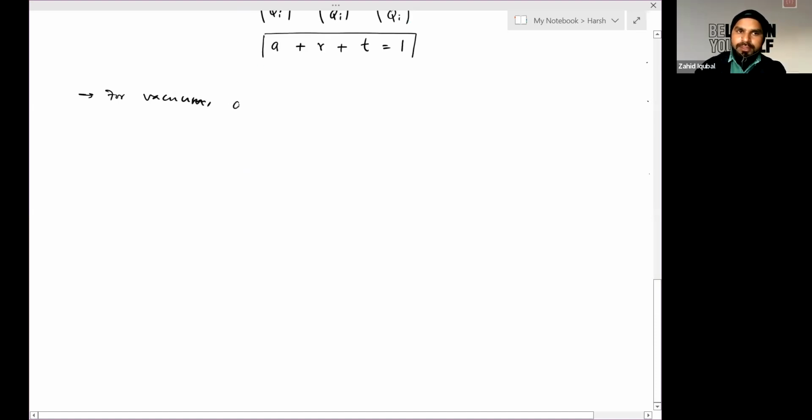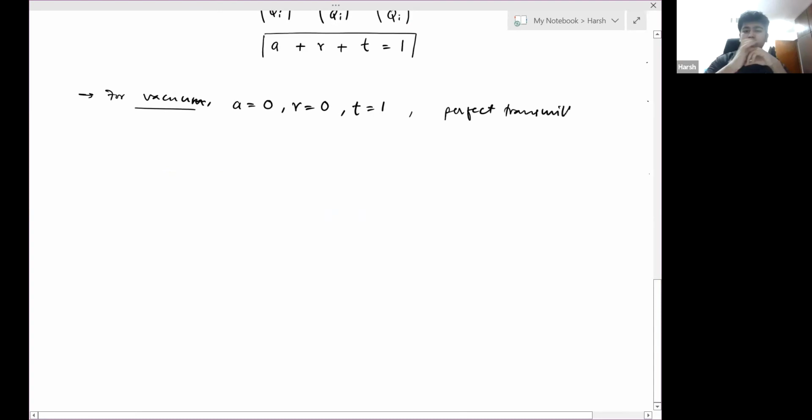For vacuum, there will be no absorbing tendency and no reflecting tendency, so it will transmit maximum. So we can say vacuum is a perfect transmitter.